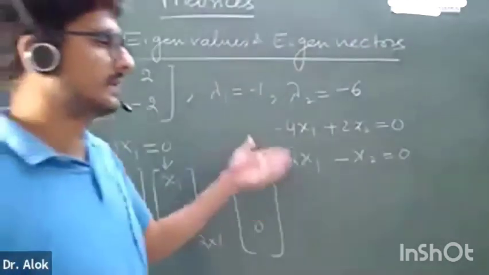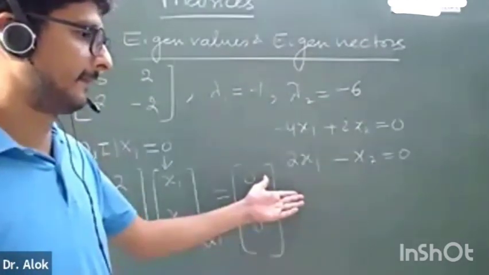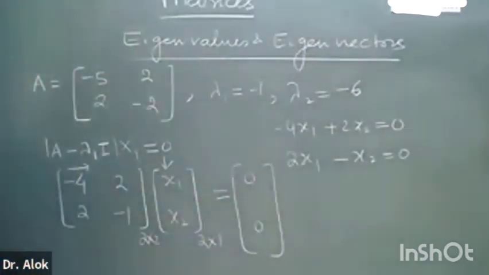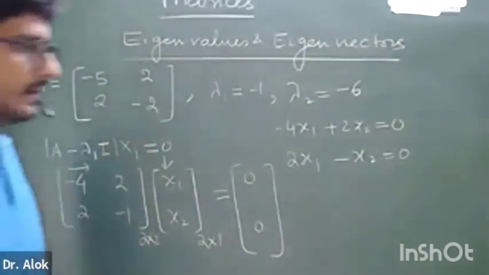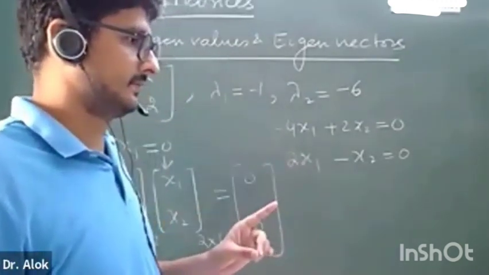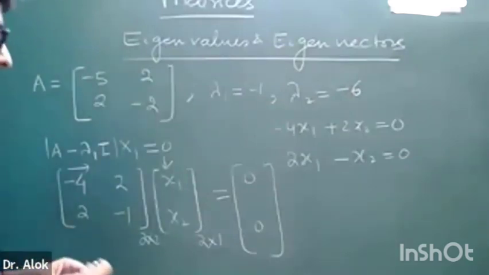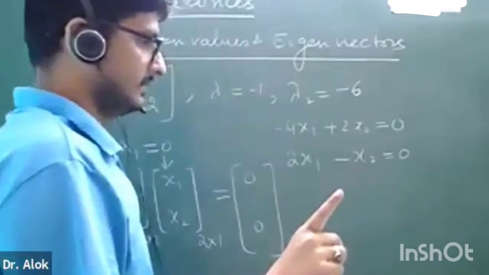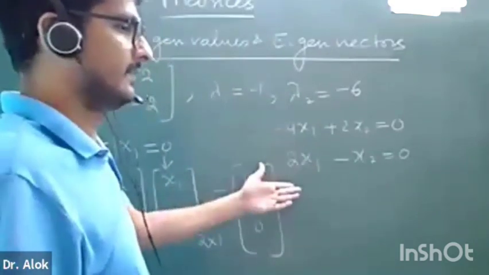Now these two equations are the same. These two equations are not different, they are the same. So that means we have only one equation. Is this okay? Yes, so sir, we have only one equation, because these two equations are the same.